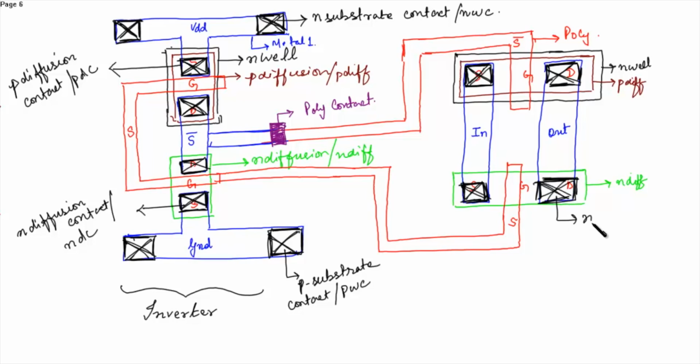This is the NDC contact. Here this is the PDC contact. So this is the layout of a transmission gate that is drawn from the normal schematic diagram. This is the inverter portion and this is the transmission gate portion.